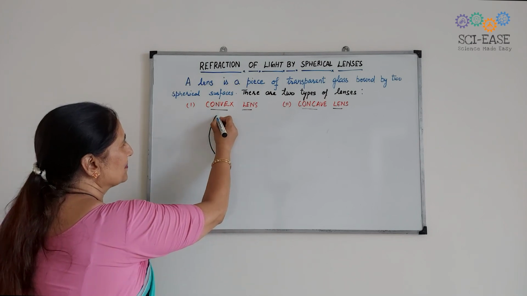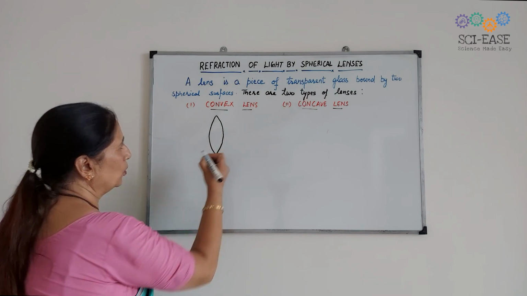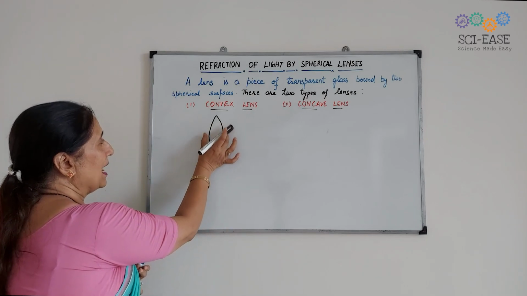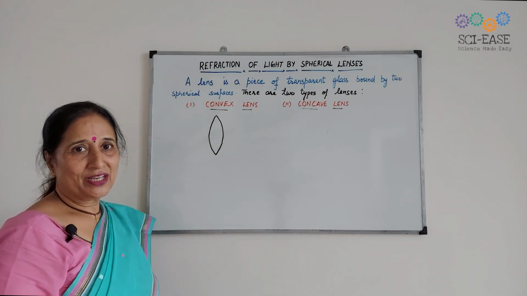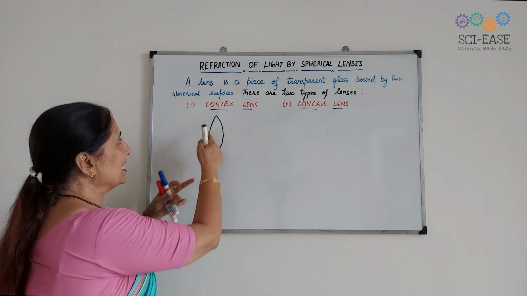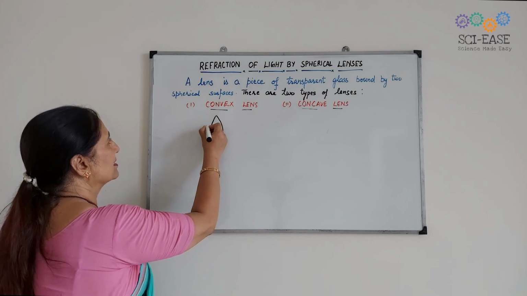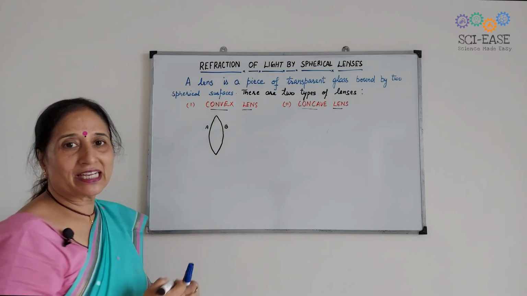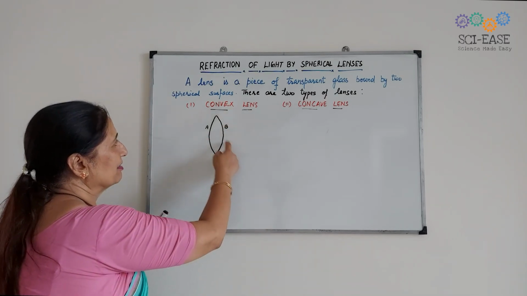A convex lens is thicker at the middle and it tapers towards the ends. So this is the convex lens and it has two surfaces. You can mark it like this is A and this is B convex surface. Okay? And this is the convex lens.